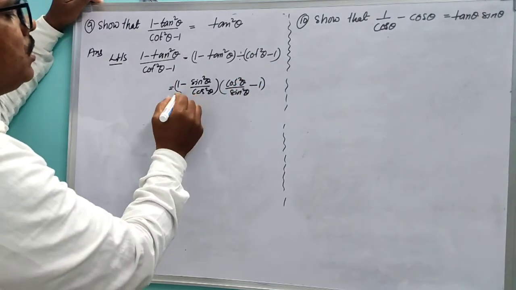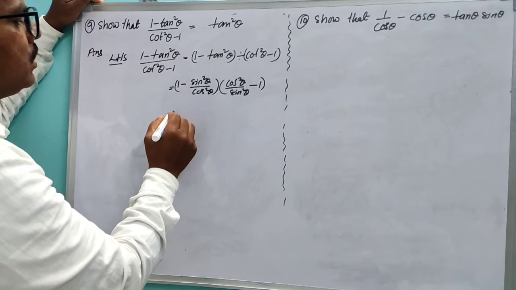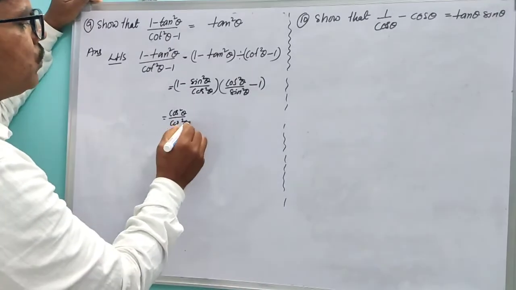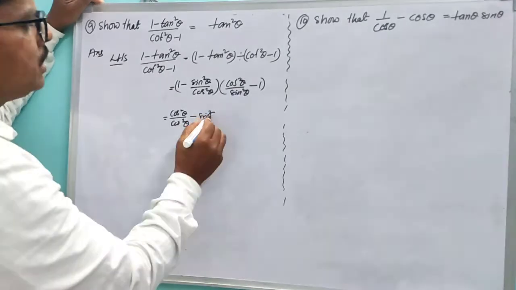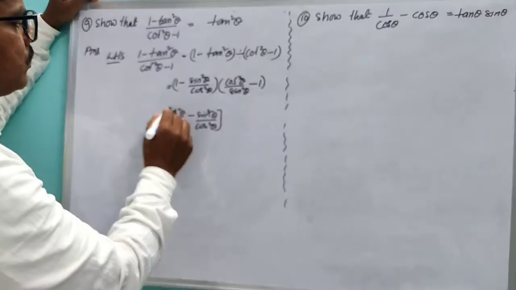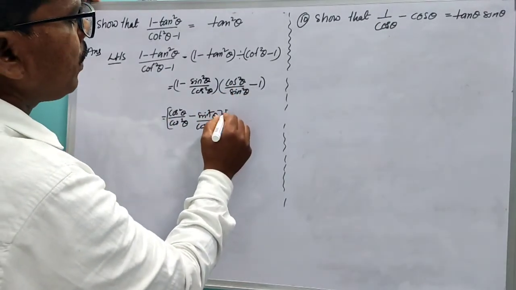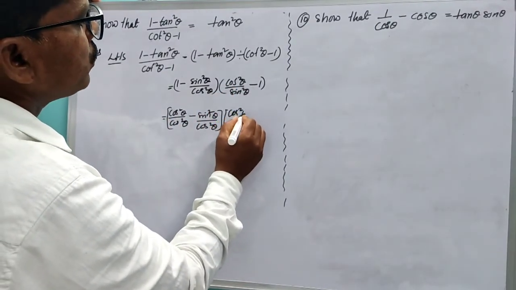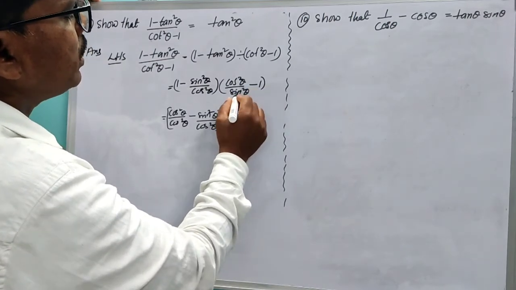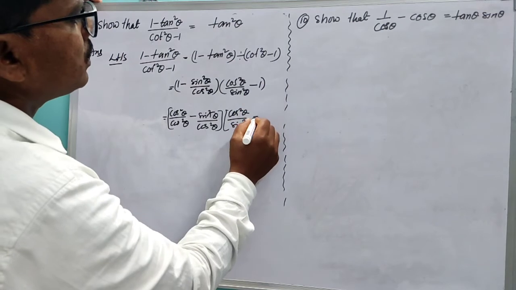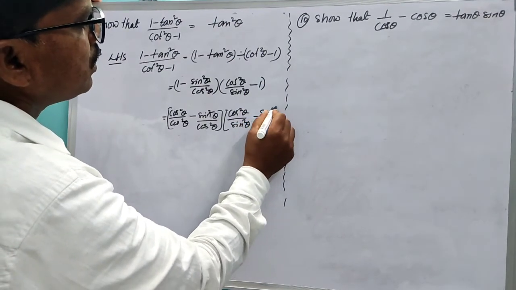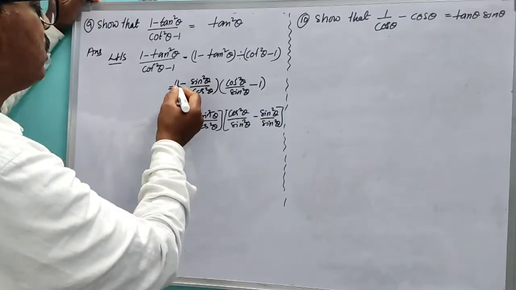Now again, this is 1, so we can write this as cos square theta by cos square theta minus sin square theta by cos square theta, and this is cos square theta by sin square theta. This is 1, so in the denominator we write sin square theta by sin square theta. This one is sin by sin, and this one is cos by cos.